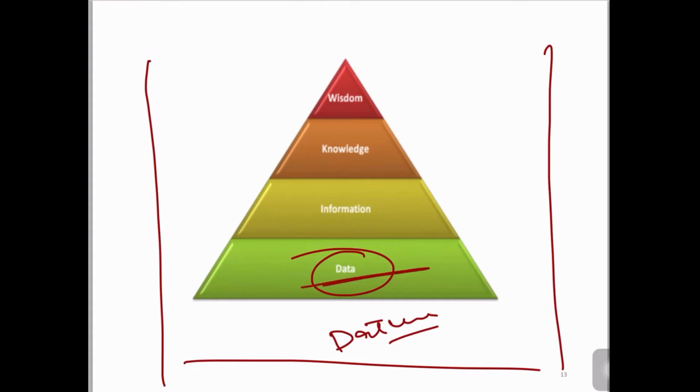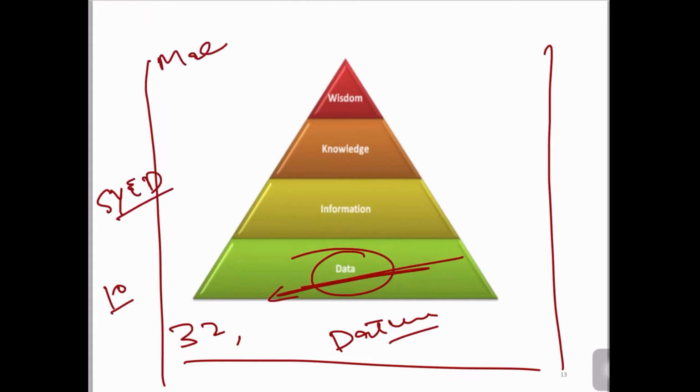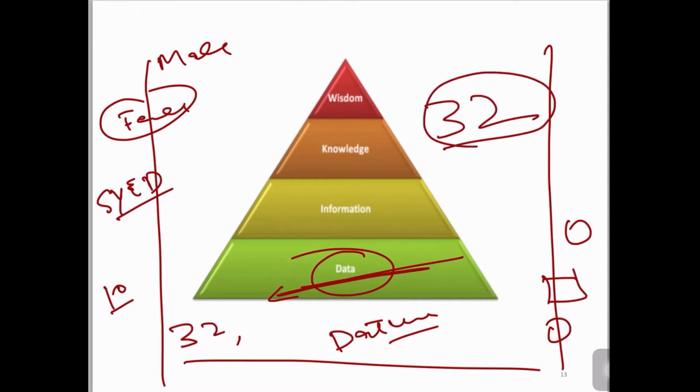Data is raw facts and figures, right? So when we say data, 32 could be data, 10 could be data, just like my name, Said, could be data, male could be data, female could be data. An image could be data, an audio could be data. So data could be any raw facts and figures. Why do we call them raw facts and figures? You see, I just said 32.